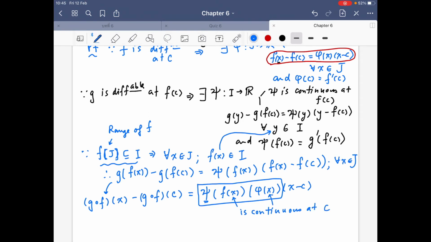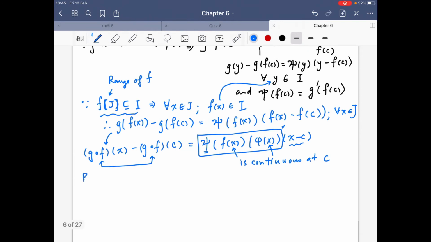Your phi is also continuous at the point x equals c as well. So the product of these two functions is continuous at the point x equals c. And the difference of the two functions, g∘f at x and g∘f at c, equals this function multiplied by x minus c.